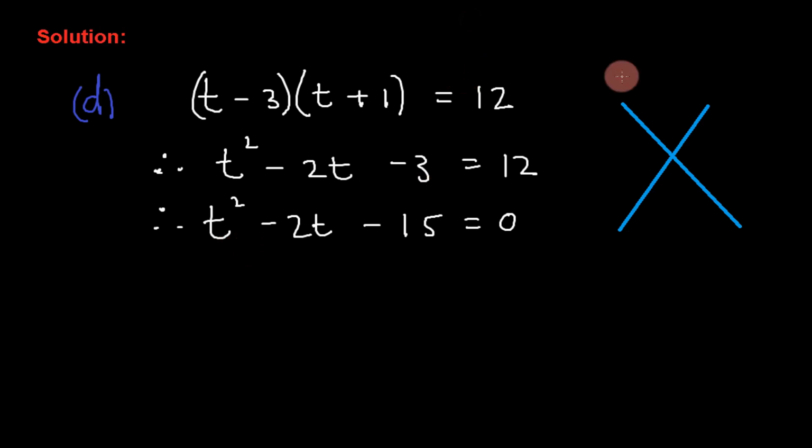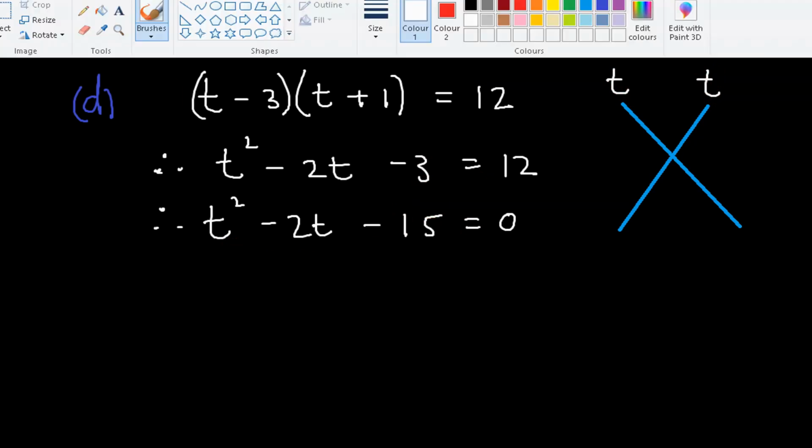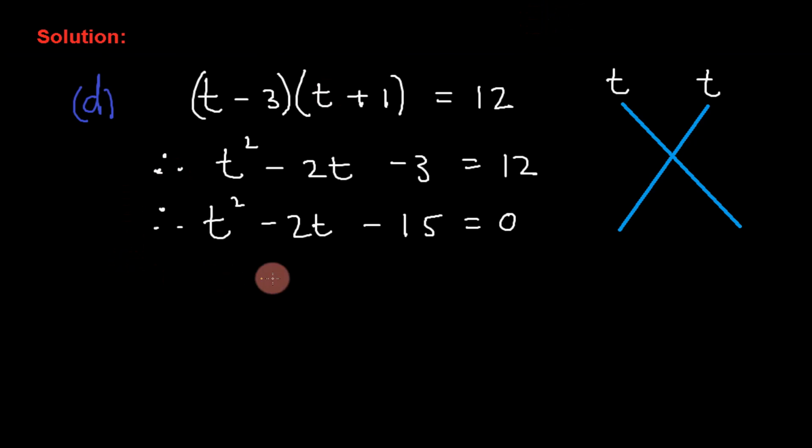The factors of t squared will be t and t, and we can look at the factors of 15. It's going to be 1 and 15, and 3 and 5. We need a middle term of negative 2t, so we need a 2 here, and the difference between 3 and 5 gives us 2. So we're going to use 3 and 5 as factors of 15.